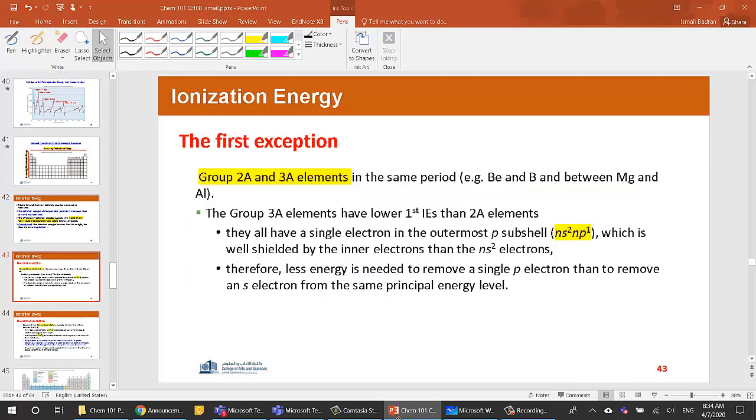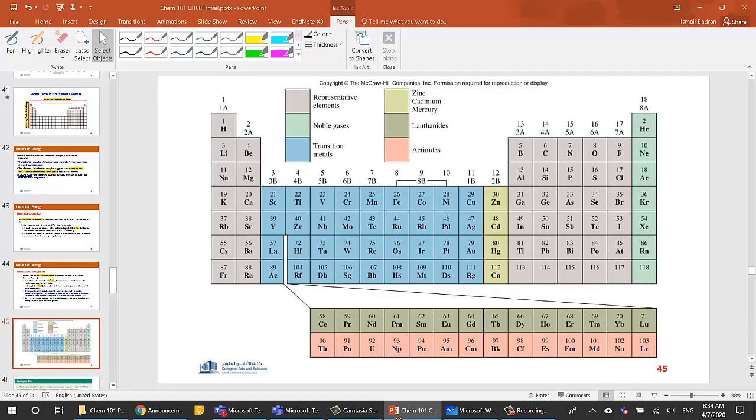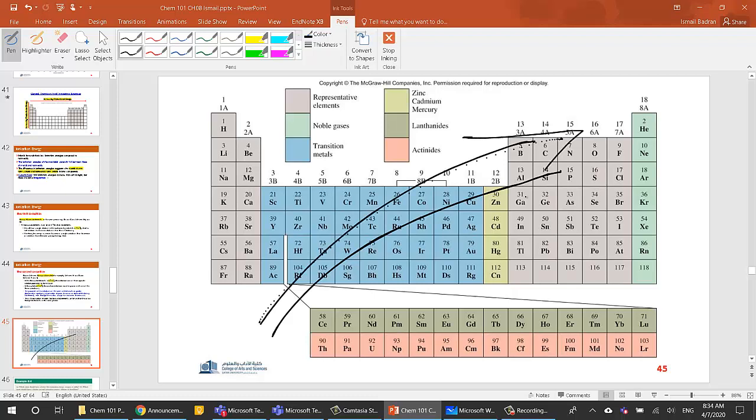So before we get into the exceptions, let's make clear that the ionization energy actually increases this way. These elements have lower ionization energies, and these are relatively higher.